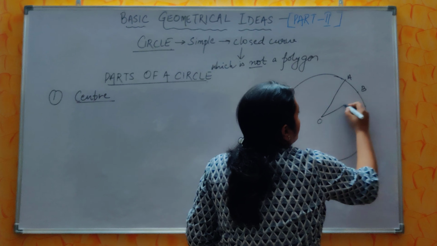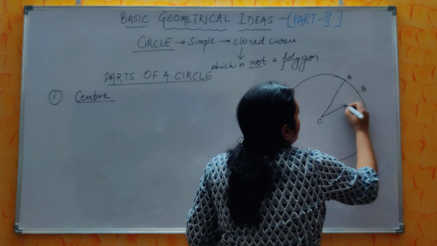But what about this boundary? This is known as circumference. Circumference of the circle. Okay.